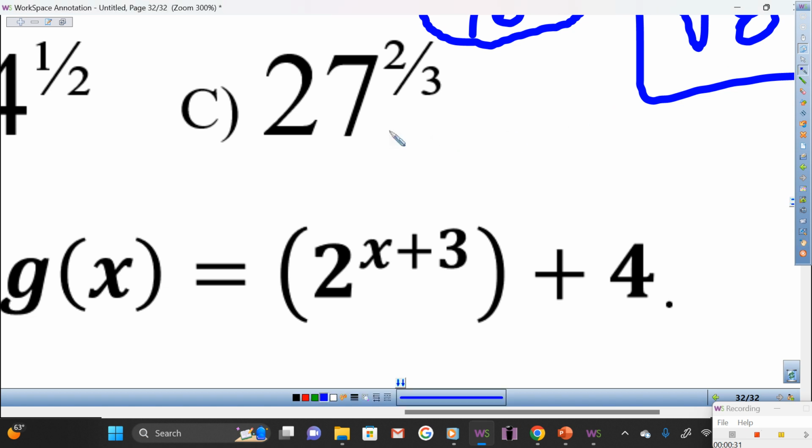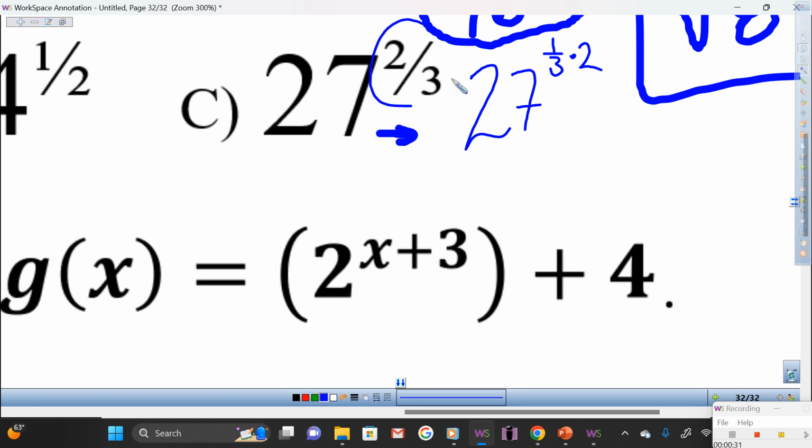Here we go. The last one, I need to rewrite it. So this becomes 27 to the 1/3 times 2, because 2/3 is the same thing as 1/3 times 2, yes? However, I need to start with this part. If 1/2 was square root, that means that 1/3 is what? Cube root.